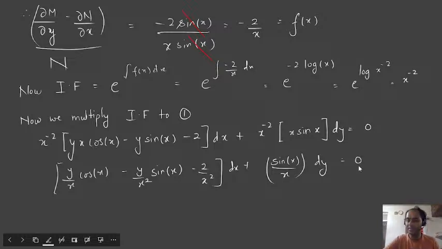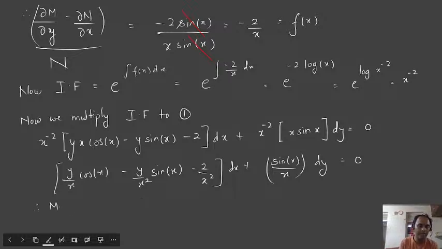Now when you see this differential equation, we now have to be very careful over here. If we use the first formula, we will have to first check whether this is an exact differential equation or not.